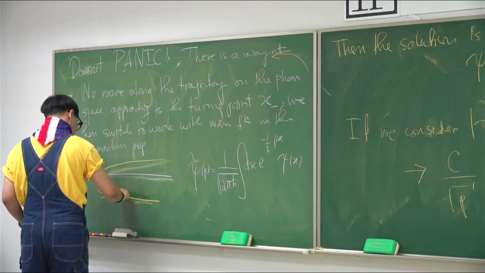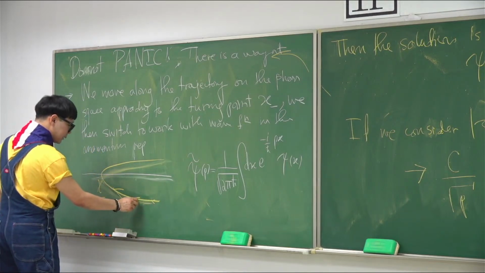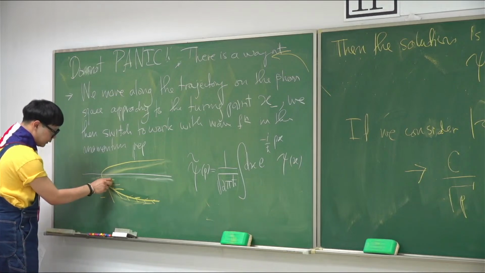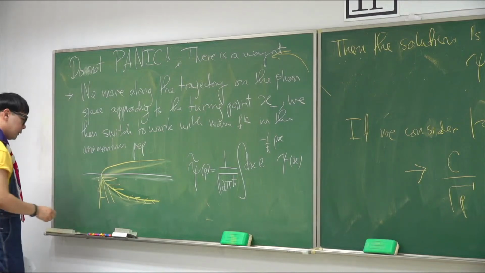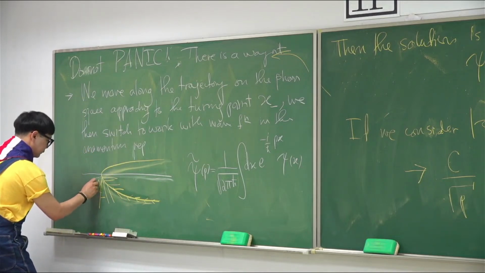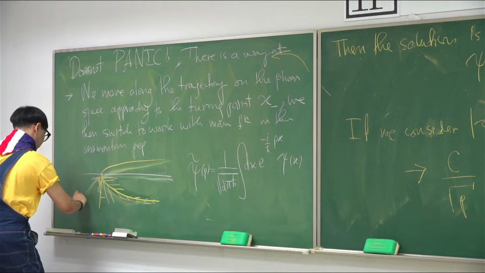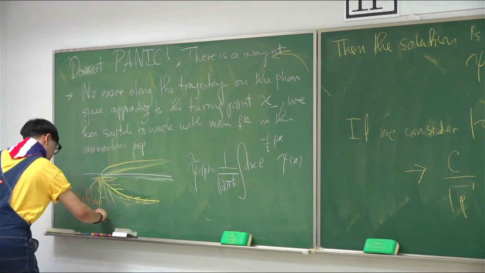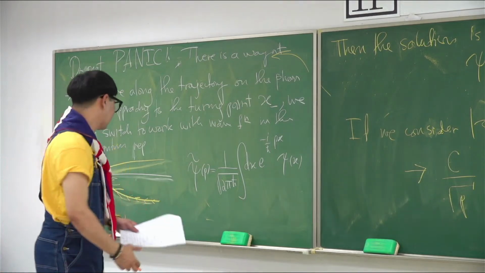So if you move here along this line, and then once you start to get very close to this point, you need to do switching to the momentum space, right?